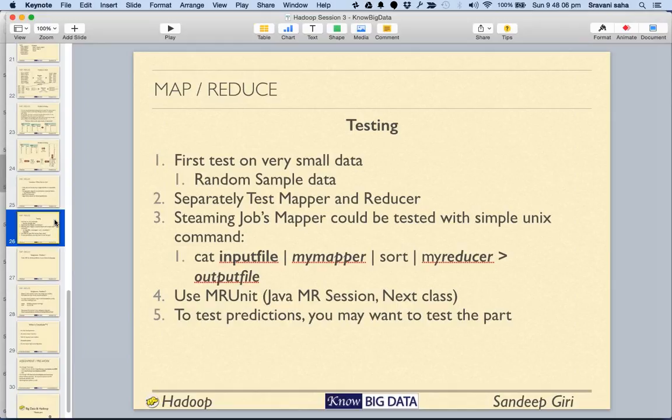If you remember the way I was demonstrating just now, as I was writing my sed command, I was quickly testing it and then writing further. Whenever you are developing a program, you should always have your testing plan very clear. You should not write everything once and then test once. You should test incrementally.